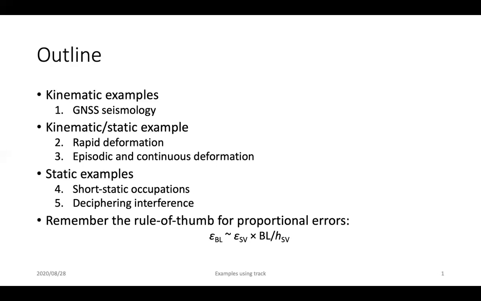We have a reference site, a fixed site, and a site that we are interested in determining its motion or perhaps static position that will be some distance away from the reference site. And the closer the kinematic site is to the reference site, the better our results will be. And if it's very close, we can actually use L1 and L2 data independently. Otherwise, Track still uses the ionosphere-free or first-order ionosphere-free LC linear combination.